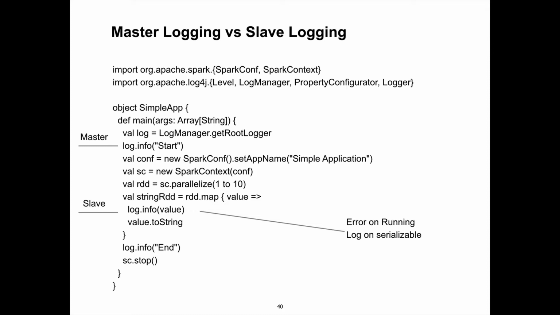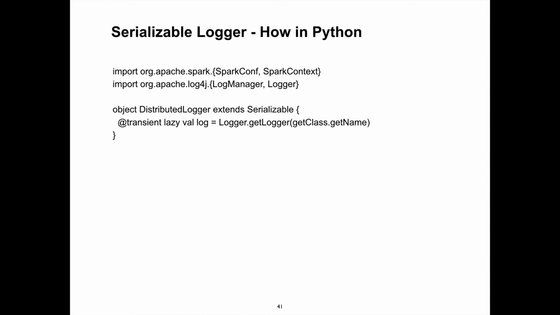Now, again, this is Scala, and Scala has the same problem. When I run a log method, trying to log from a worker, I get the same exception. But I know how to get around that in Scala, and the answer is one of these weird things.